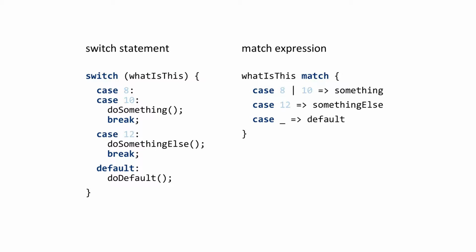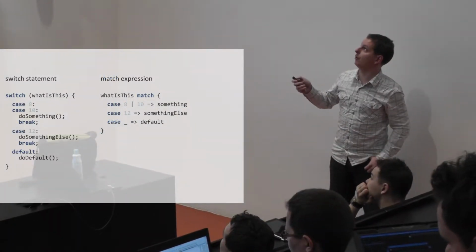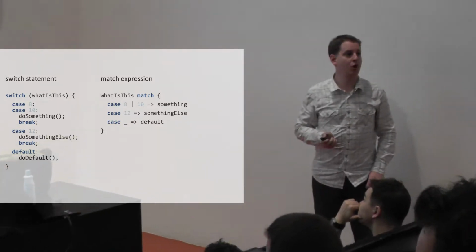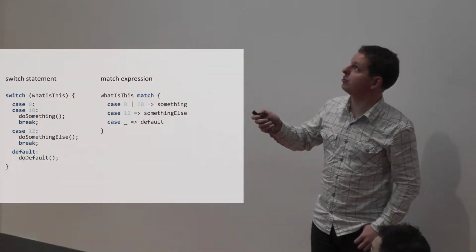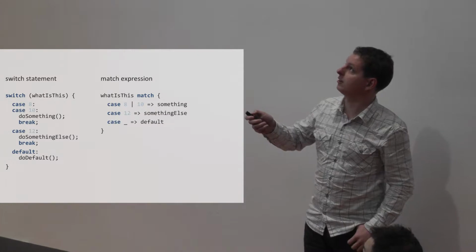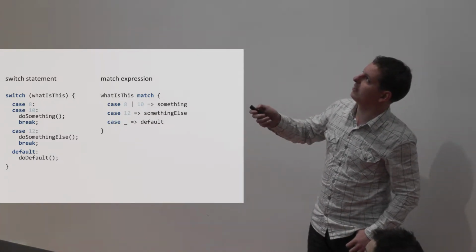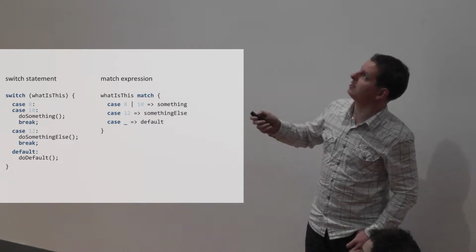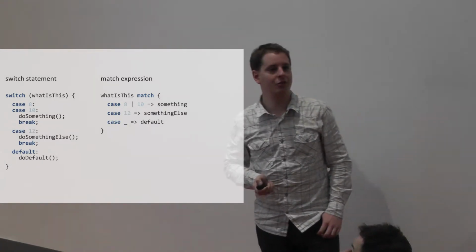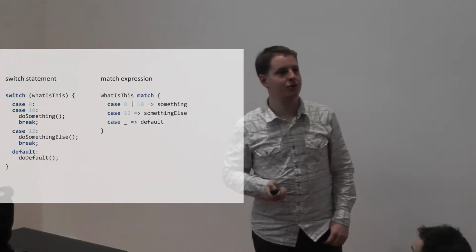Here is some expression, in this case probably a variable, the match keyword, and a block of branches, and each branch matches the expression's result against some constant, and the match expression returns the value of the matched branch.